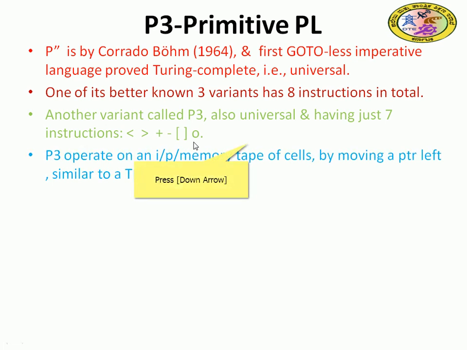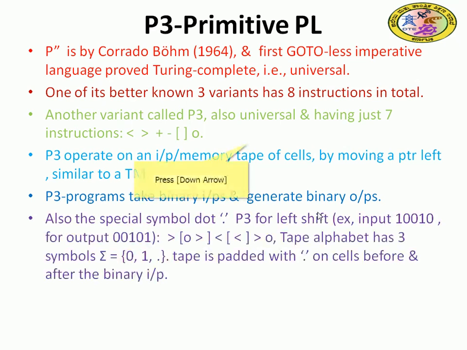P operates on an input or memory tape of cells by moving a pointer left or right, similar to the Turing machine. A P3 program takes binary inputs and generates binary outputs. There is also a special symbol, dot.